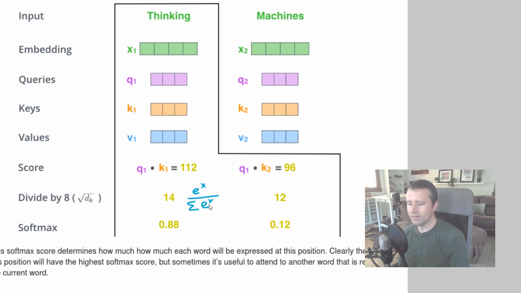So if you wanted to calculate the score for the word thinking, then it would be e to the 14 over e to the 14 plus e to the 12. And if you throw that in a calculator, you do get 0.88.